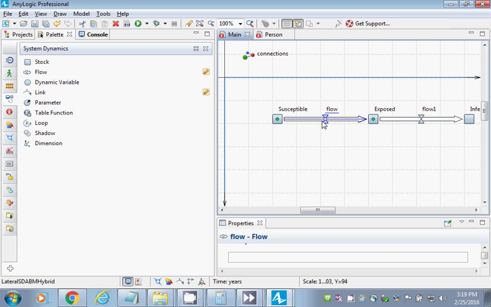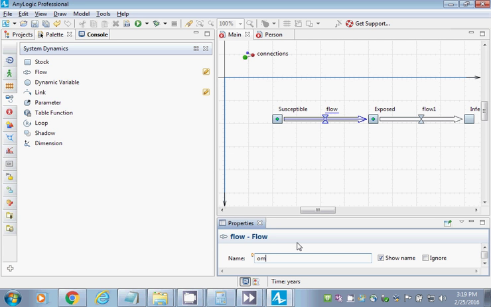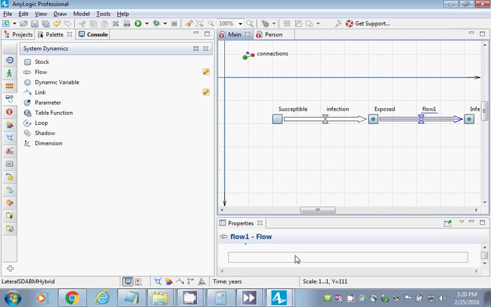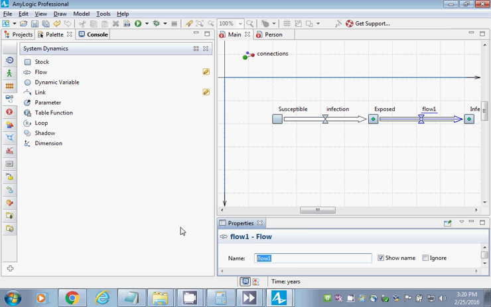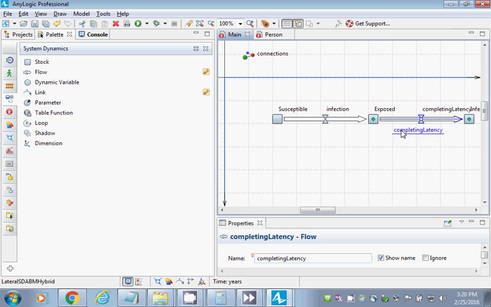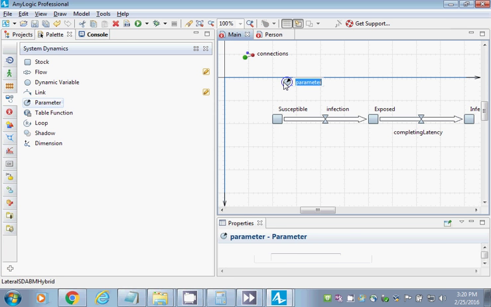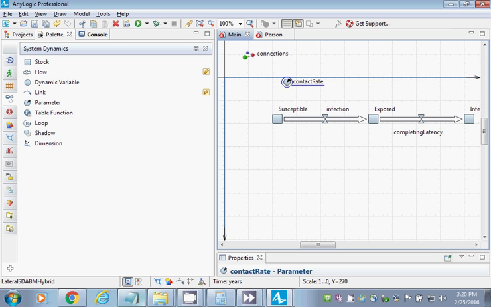Okay, and what we're going to do is we're going to layer on this the trappings of classic system dynamics compartmental formulation. So we're going to have a contact rate, okay, and this contact rate is going to be a rate per month of contacts, and by default it will be a value of 10, okay.